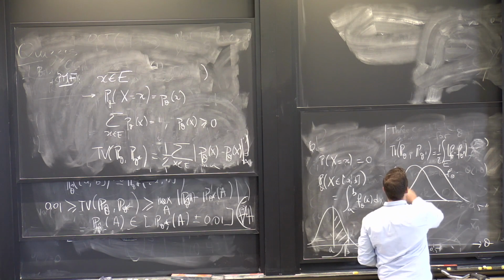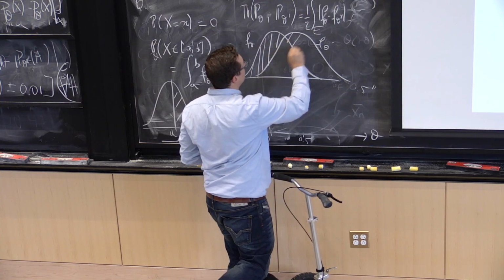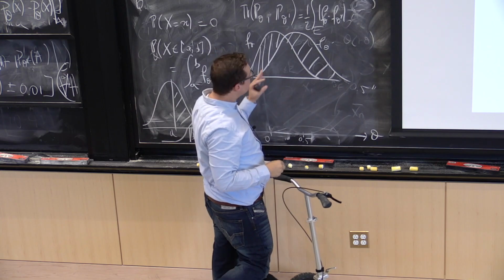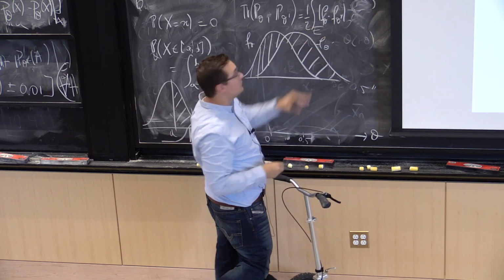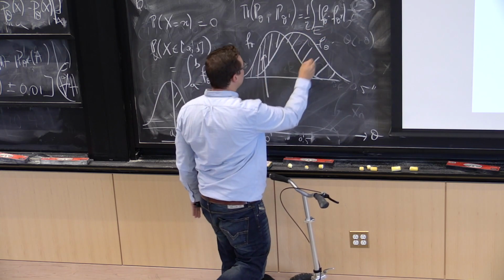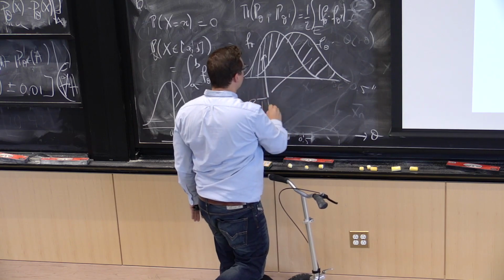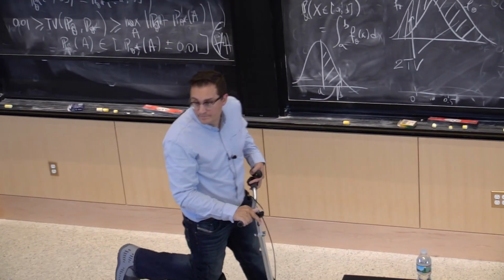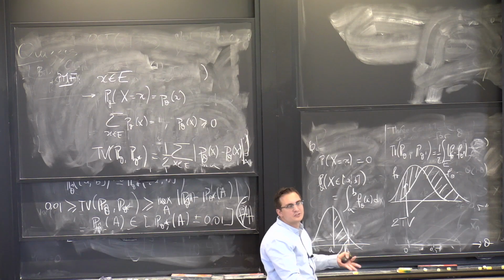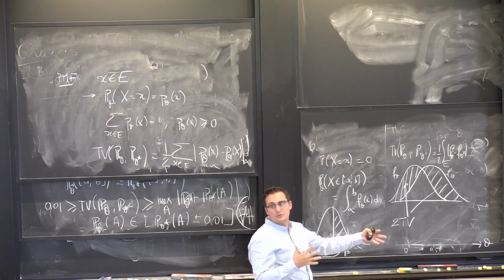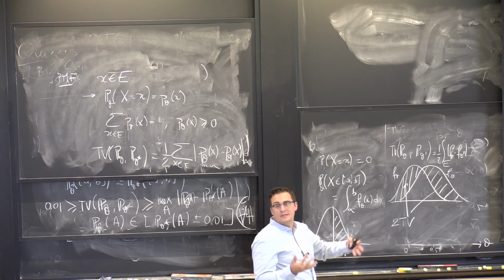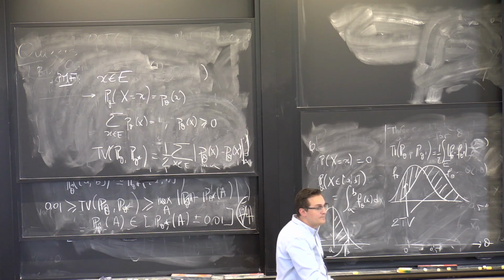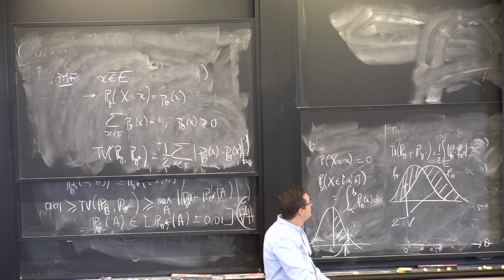So this is this guy. Now, this guy is really the integral of the absolute value. So this thing here, this area, this is 2 times the total variation. Okay? The scaling 1/2 really doesn't matter. It's just if I want to have an actual correspondence between the maximum and the other guy, I have to do this. Okay? So this is what it looks like.